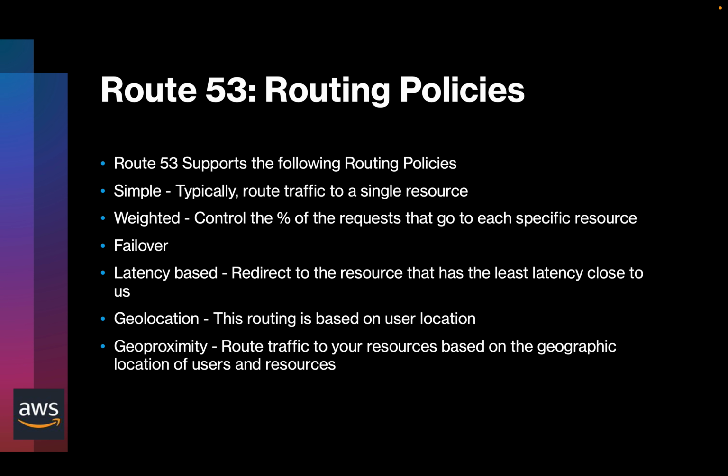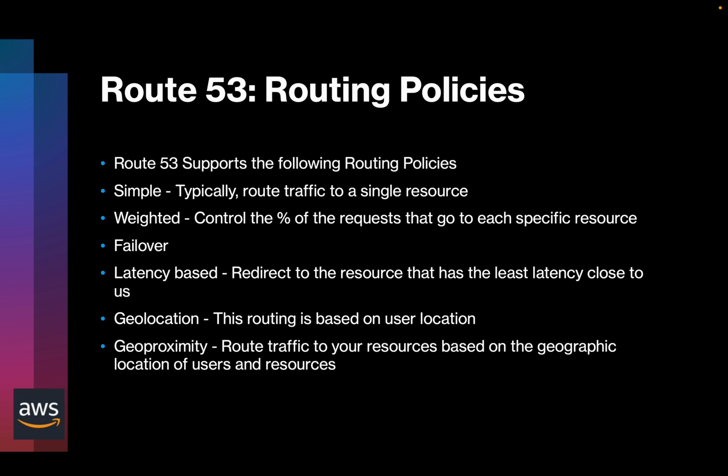We have different types of routing policies in Route 53: simple, weighted, failover, latency based, geolocation, and geoproximity. Simple routing policy is routing traffic to a single resource or multiple resources.